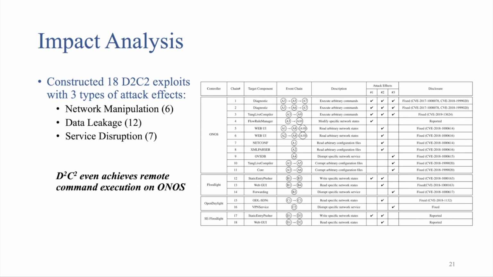For example, we find that we can leak arbitrary files from the file system of the controller. Also, we found several cases in which we can disrupt the service or perform denial of service attacks. It is worth noting that D2C2 even achieves arbitrary command execution on the ONOS controller.